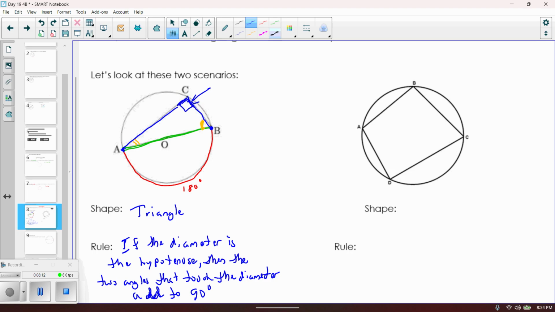So basically, angle B and angle A here have to add up to 90 degrees.